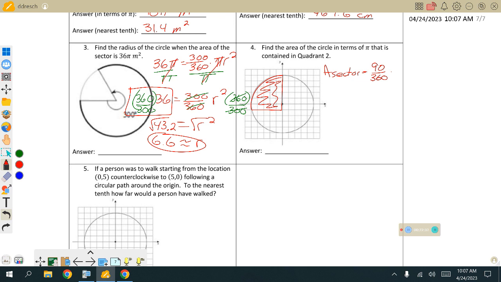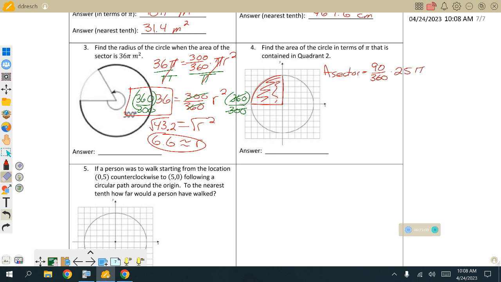What's the radius though? What's the radius of that circle? 5. Yep, from the center right there. Whoops, I didn't go to the center, did I? Okay, I did not go to the center nicely. Try this again. That's better. All right, yeah, the radius is 5. You can just count from the center. So 25 pi.